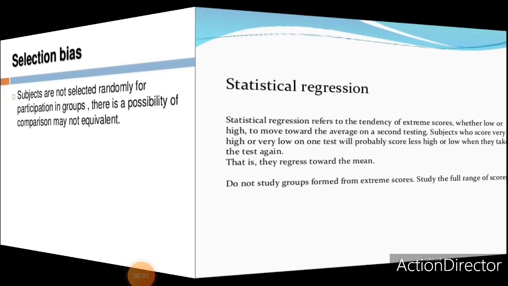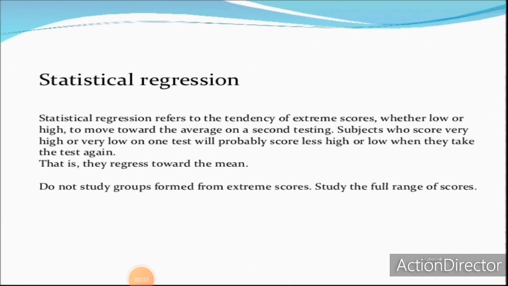Now the next extraneous variable is statistical regression. Statistical regression means the tendency of extreme scores, whether low or high, to move towards the average on a second testing. Subjects who score very high or very low on one test will probably score less high or low when they take the test again.